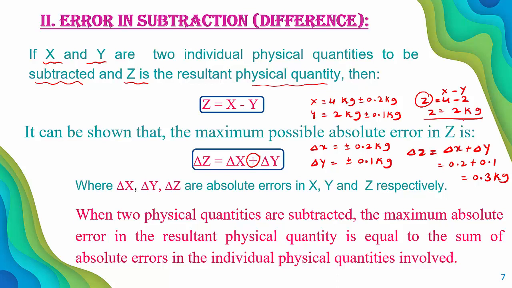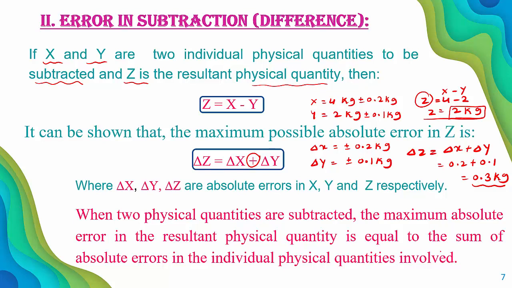So the total answer of z is how much? 2 kg. In 2 kg, there is an absolute error of 0.3 kg. That may be increasing or decreasing. Anyhow, plus or minus 0.3 kg is the maximum absolute error in the given physical quantities. Remember, dear students, errors are always added. They are never cancelled, whether it is addition or subtraction.